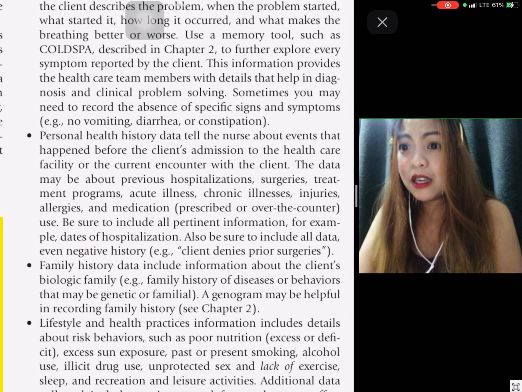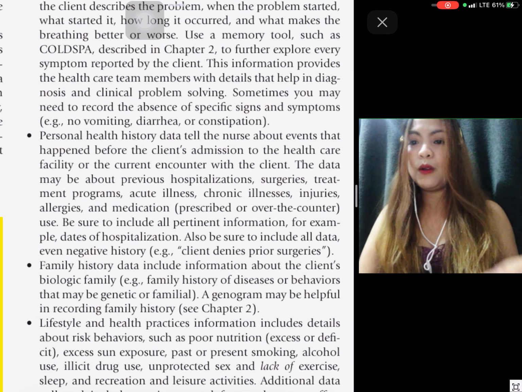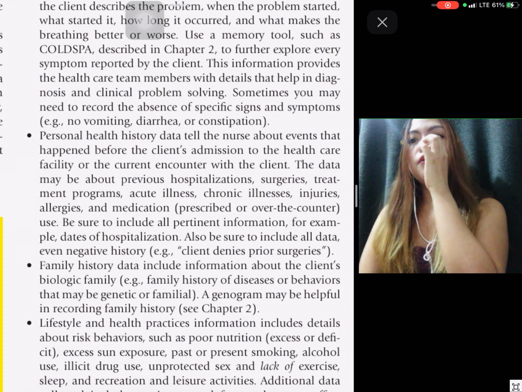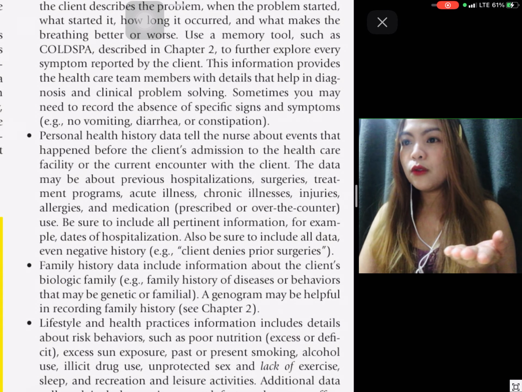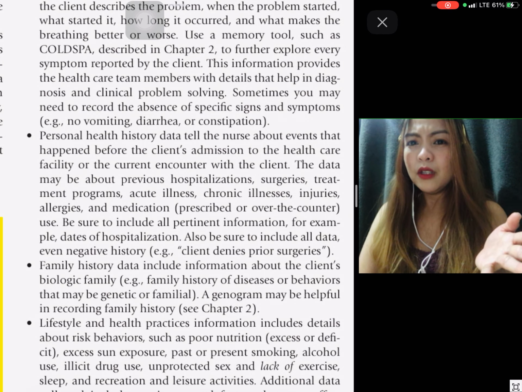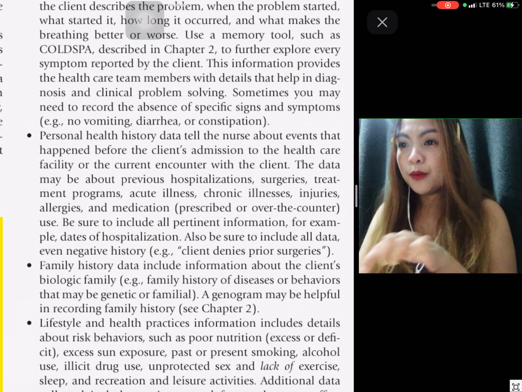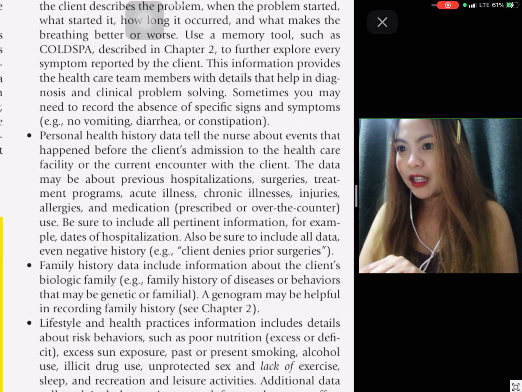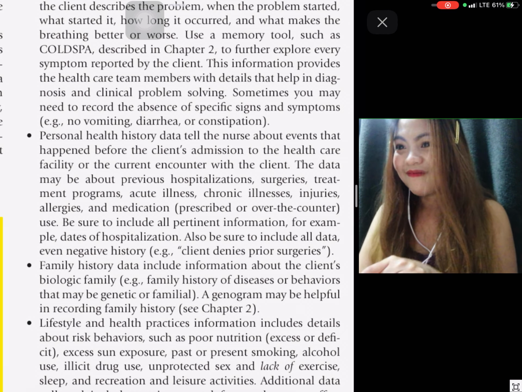Be sure also to include negatives, like "the client denies prior surgery." It is important to include that so you know it was indicated.